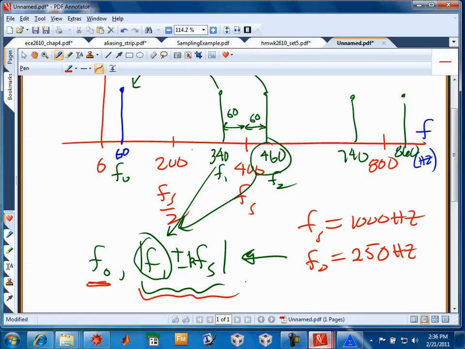So in this case, the alias frequencies would be 750, 1250, let's see, what's the next one up? Yeah, 1750 and things like that.